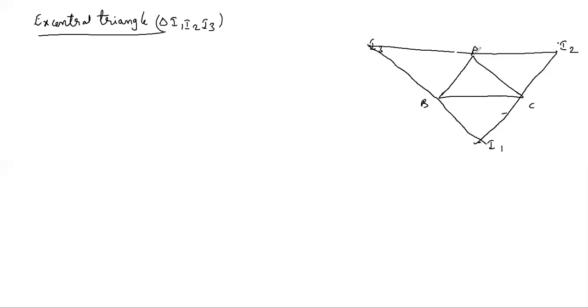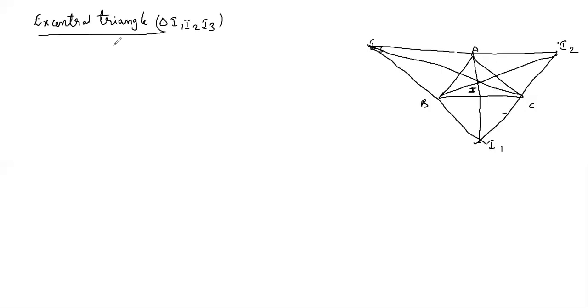This is an internal angular bisector, this is also an internal angular bisector, and this is also an internal angular bisector, and their meeting point is the incenter I. Now, what are the angles of I1 I2 I3?